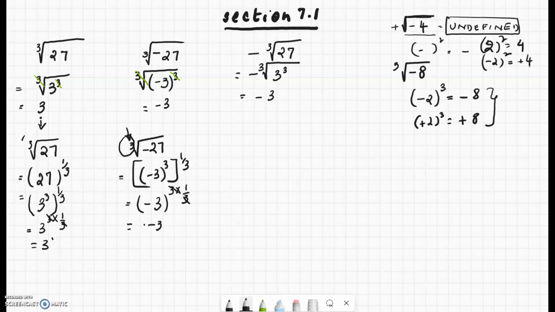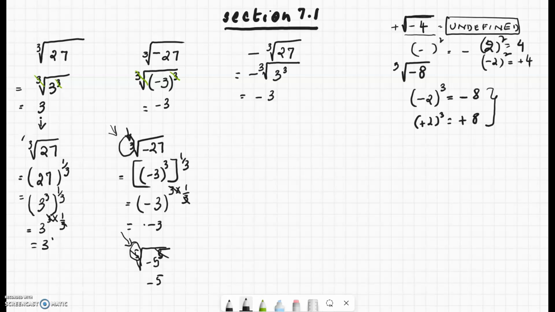We are able to do this because we know that the cube root of a negative number is negative. Just like the 5th root of a negative number, let's say 5 to the 5th power, these two cancel each other out and you get a negative number. This works only when the roots are of odd numbers.